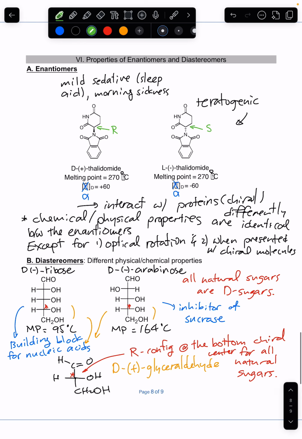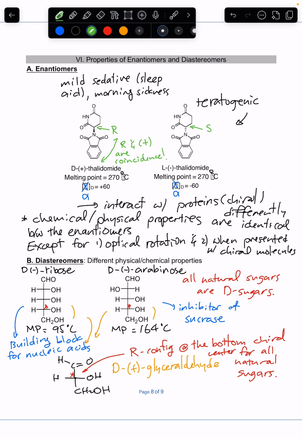The fact that it's R assigned and that it's dextrorotatory, that's coincidence. Just because a chiral center is assigned as R, it's not necessarily going to be dextrorotatory.